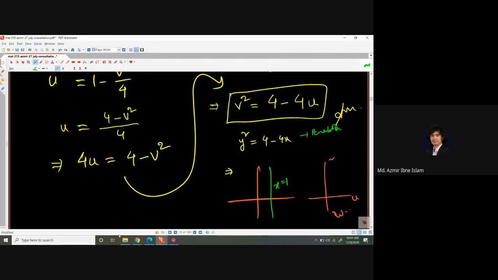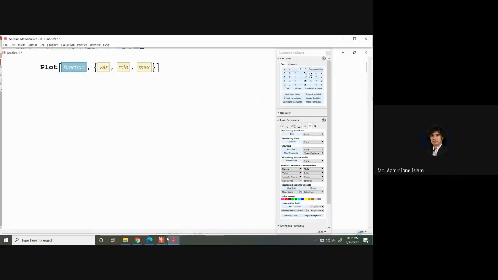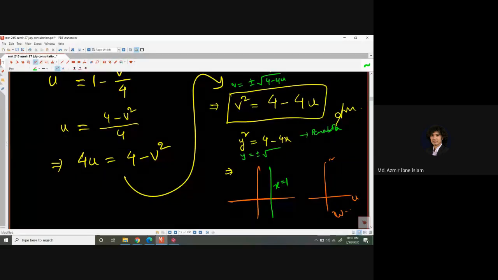But at first, have a look at Mathematica. Try to understand that we can write this as, from this one, v equal to plus minus root of 4 minus 4u, isn't it? So at first, let's take the positive.